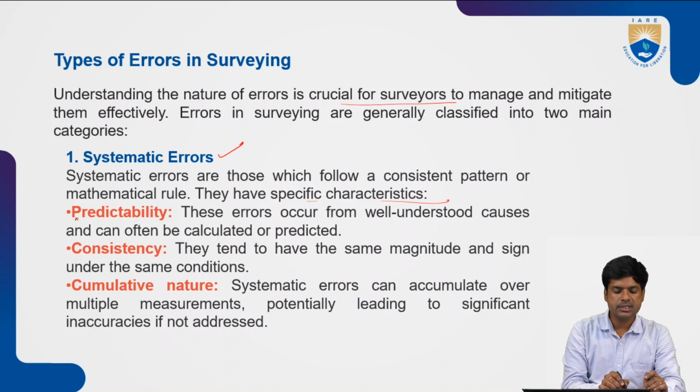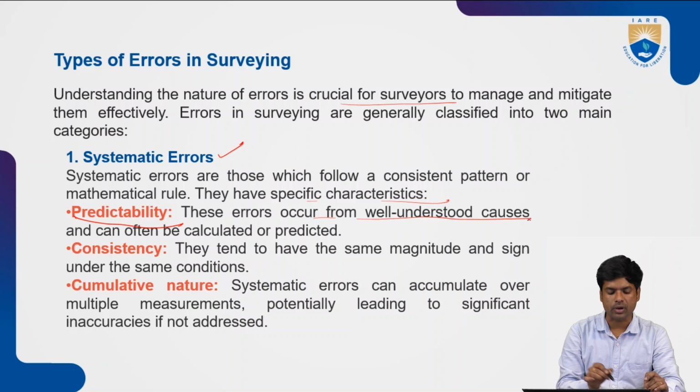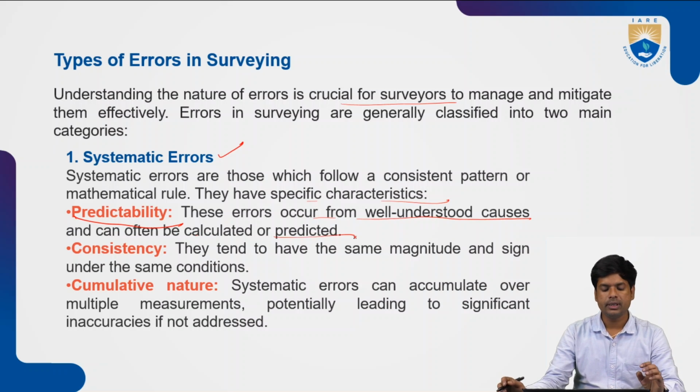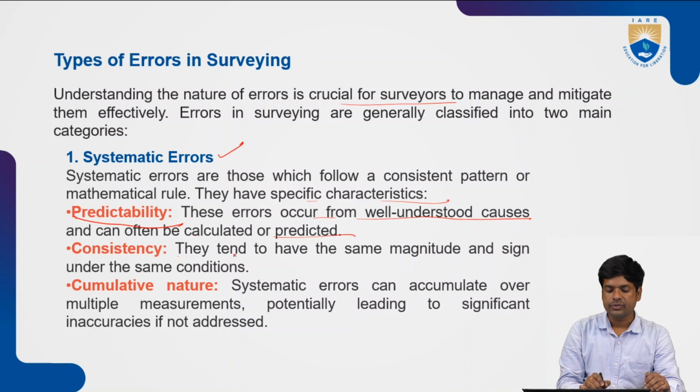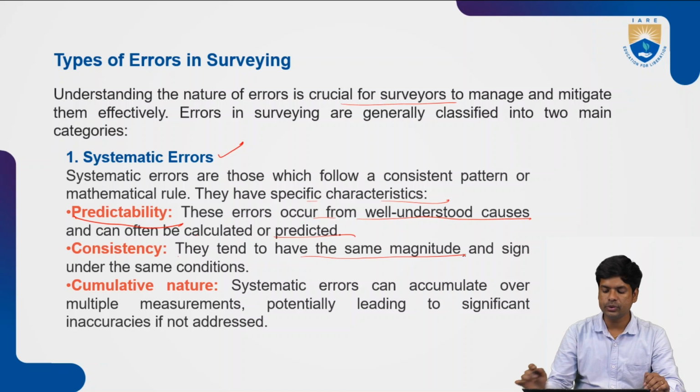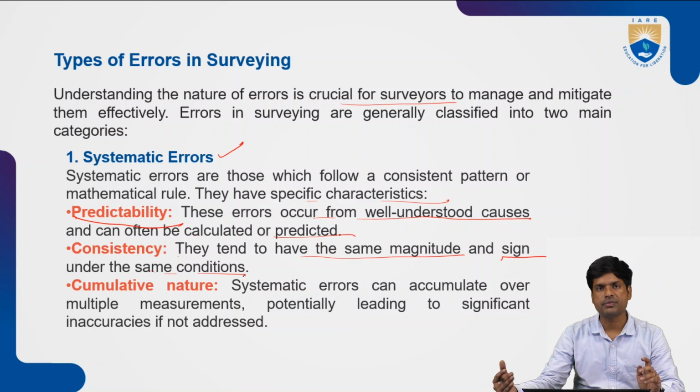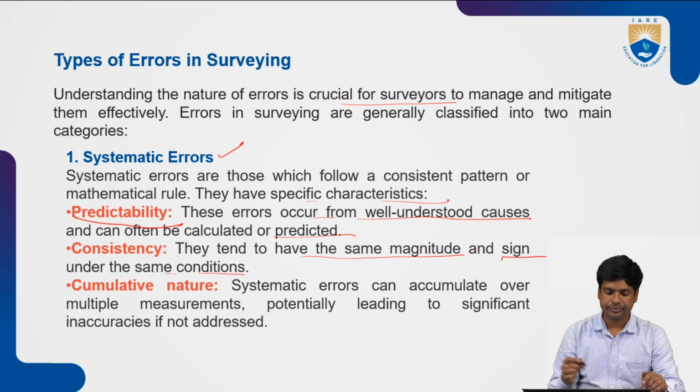Like first one is predictability. These errors occur from well understood causes and can often be calculated or predicted. We can predict this type of errors. And consistency, they tend to have the same magnitude and sign under the same conditions. So if you do any type of surveying under some fixed environment conditions, then the error percentage or error magnitude will be the same.